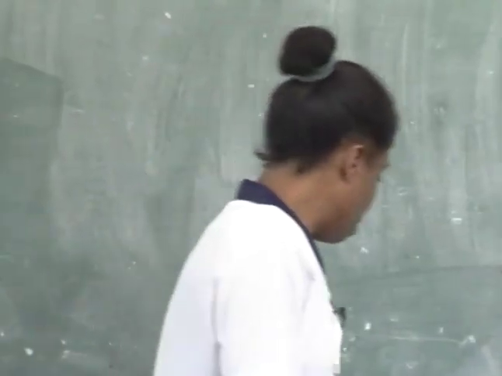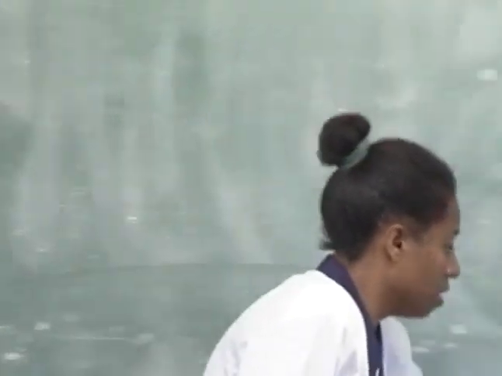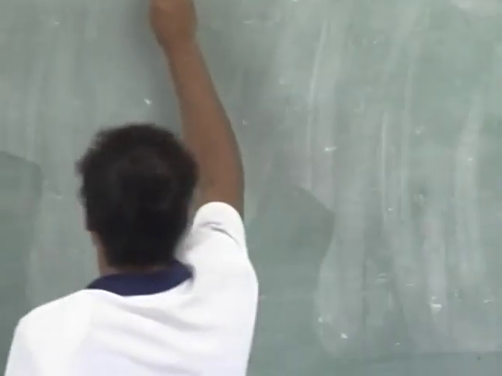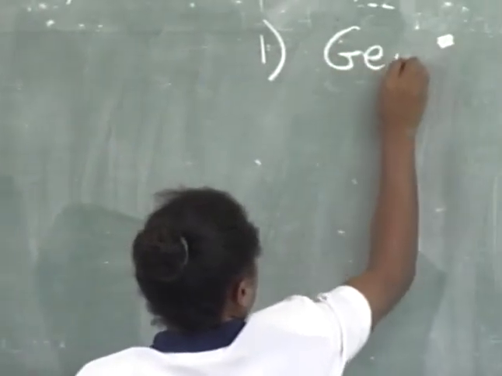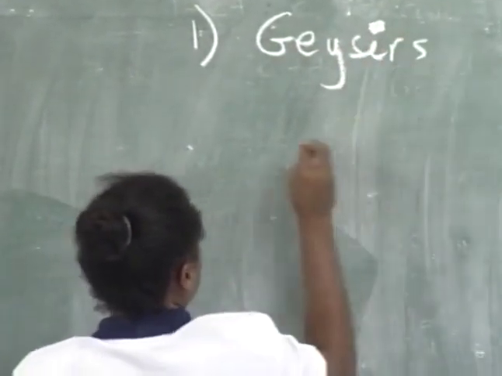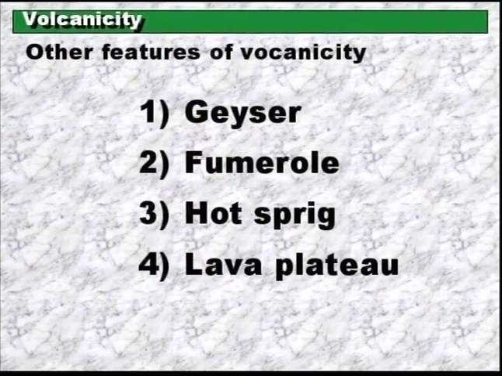Those different features that we are going to look at for our lesson today will be geysers, fumaroles, hot springs, and lava plateaus.